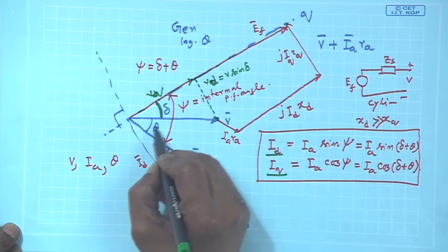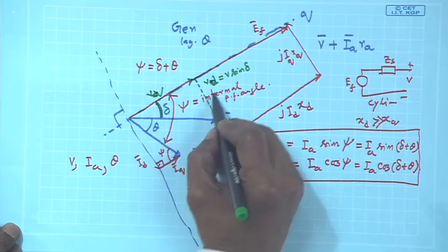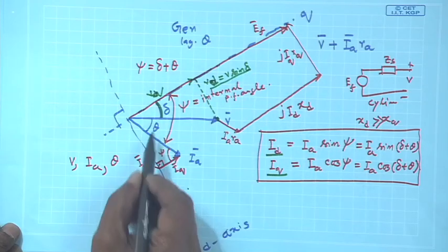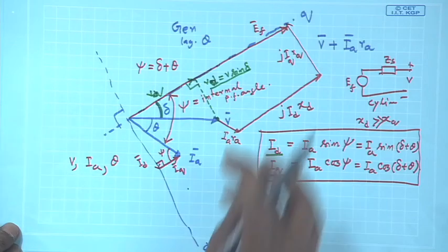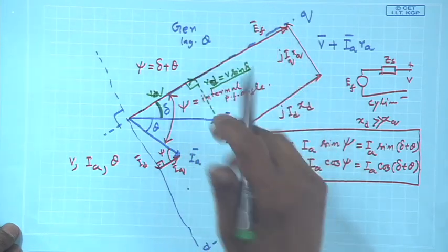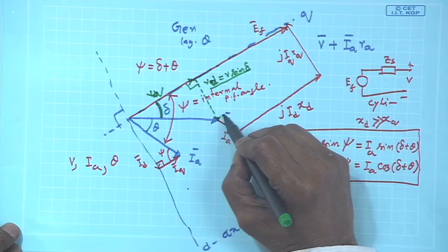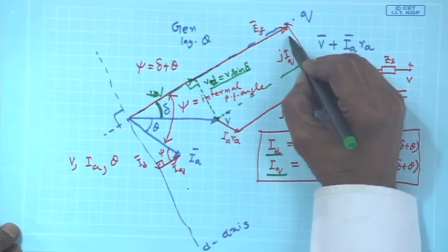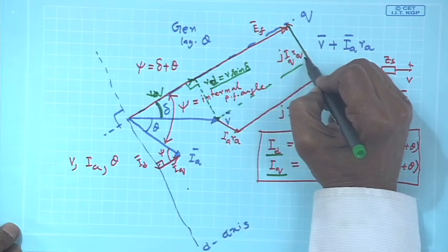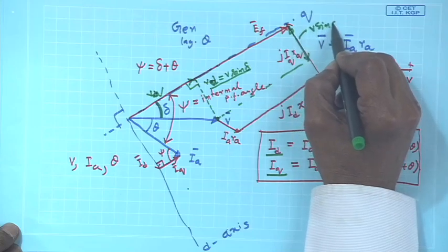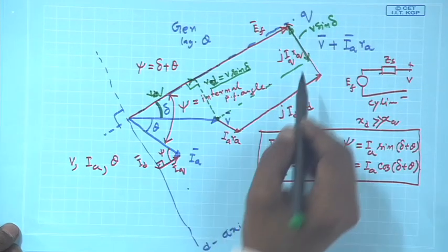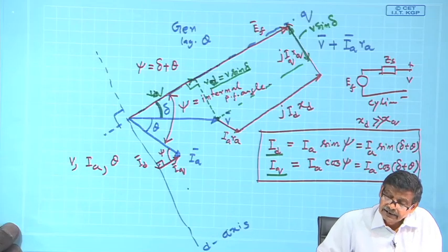So, V D is V into sin delta, from this right angle triangle, and this V sin delta, if you drop a line, is this length. This length is V sin delta. Is that clear?